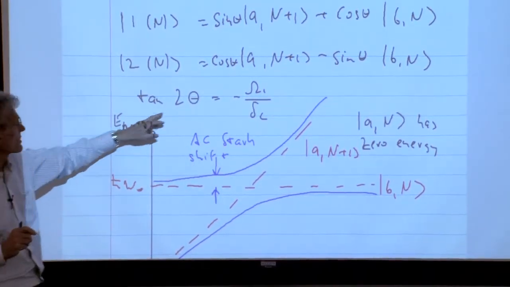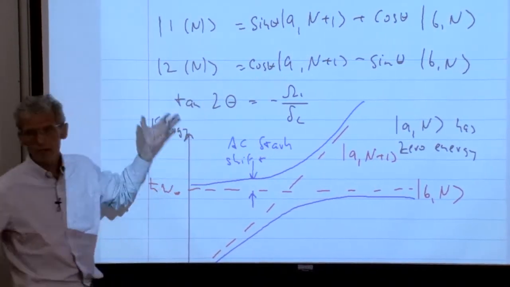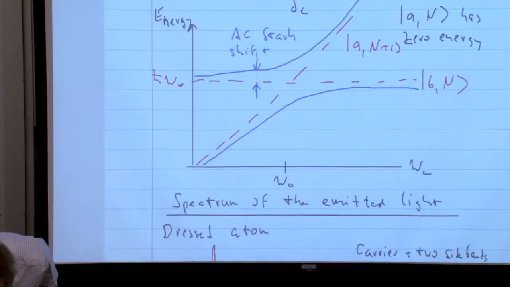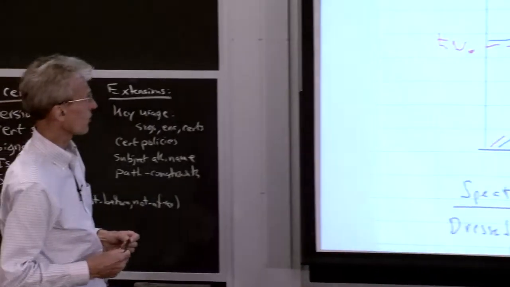The solution is now that the angle theta is given by this equation. That's just the solution for the 2x2 matrix. And the physical picture which we have obtained is the following.